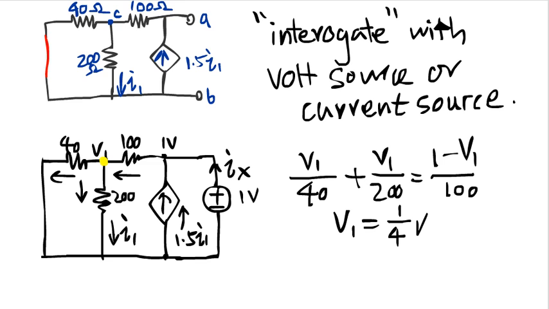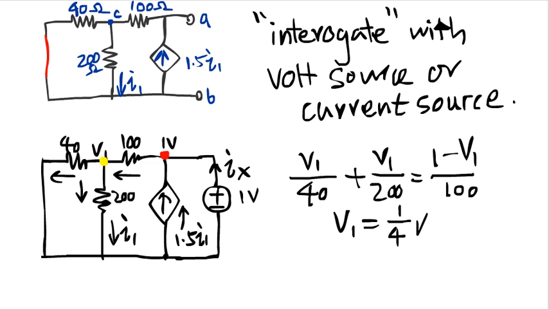Once we find V1, we can find I1, and we can find out what this 1.5 I1 is. Then the rest of the current is pretty straightforward. Now we're going to use this node here, the red node.